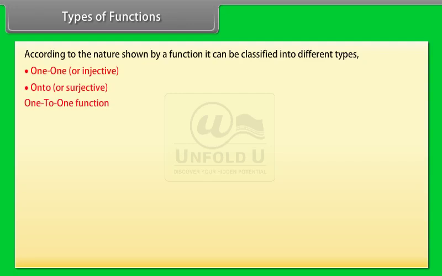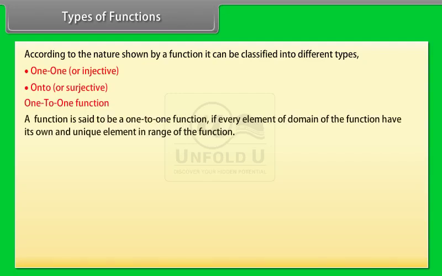Types of functions. According to the nature shown by a function, it can be classified into different types: one-one or injective, onto or surjective. One-to-one function. A function is said to be one-to-one function if every element of the domain of the function has its own unique element in the range of the function.